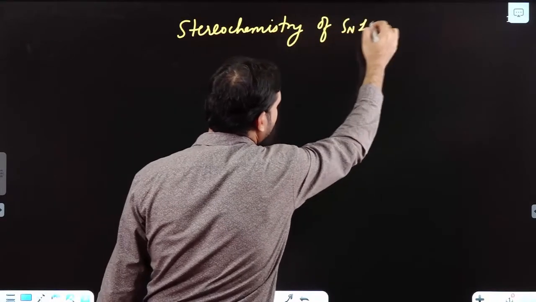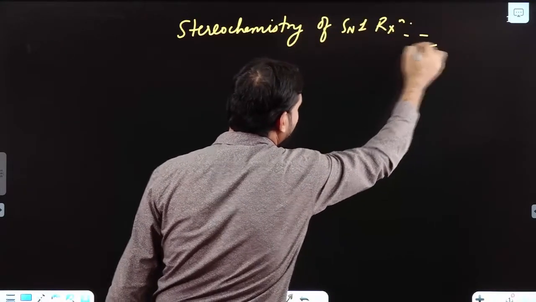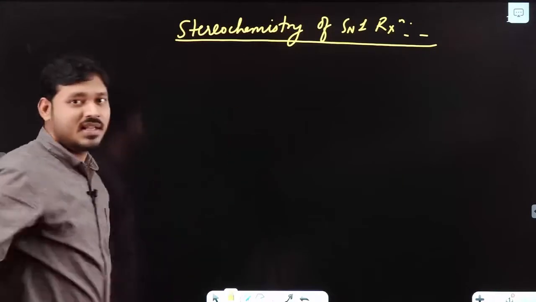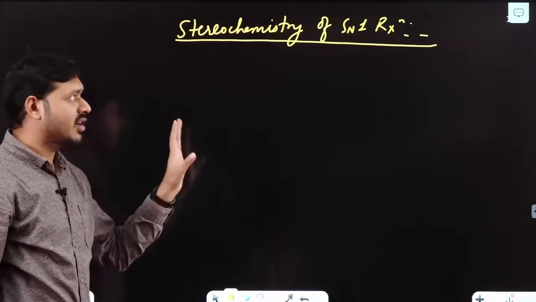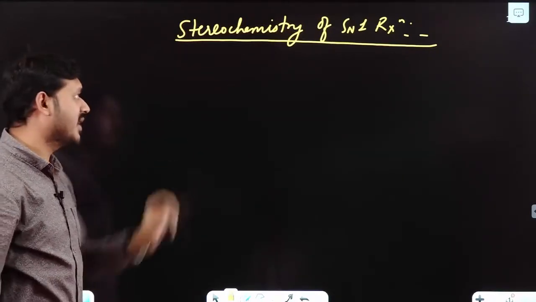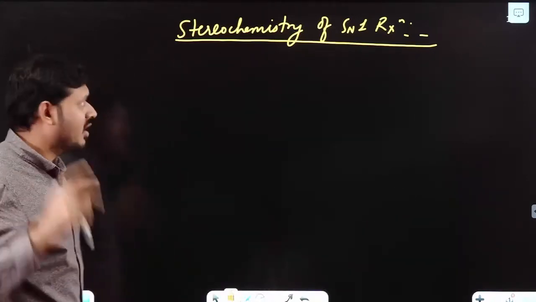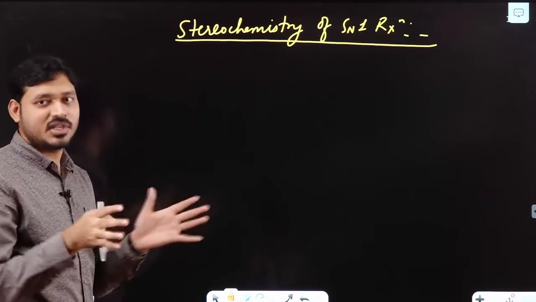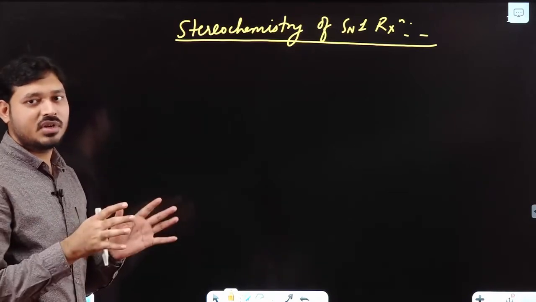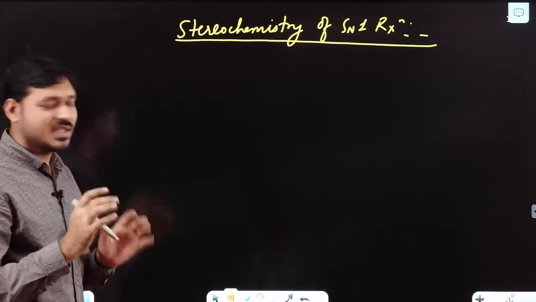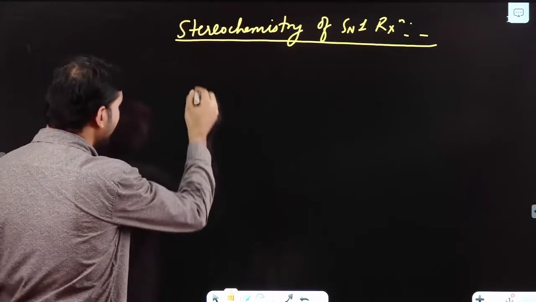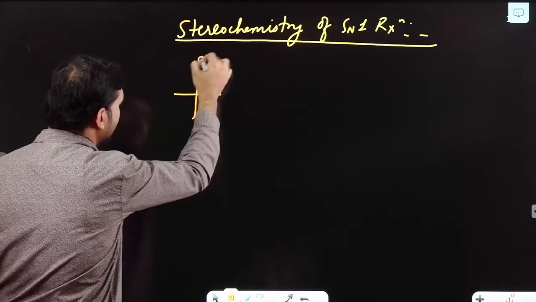Stereochemistry of SN1 reaction. Dear students, this is one of the most important parts of SN1 reaction. Understand it very carefully. When you say stereochemistry, you can simply recall it's about stereoisomerism. It's about orientation of atoms or molecules in space. Let me first give you one basic example.